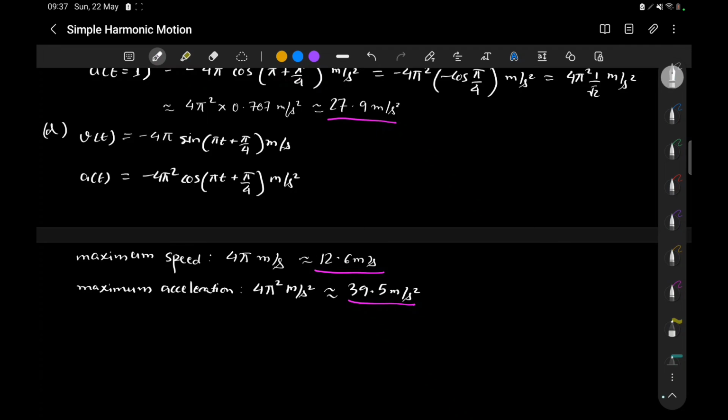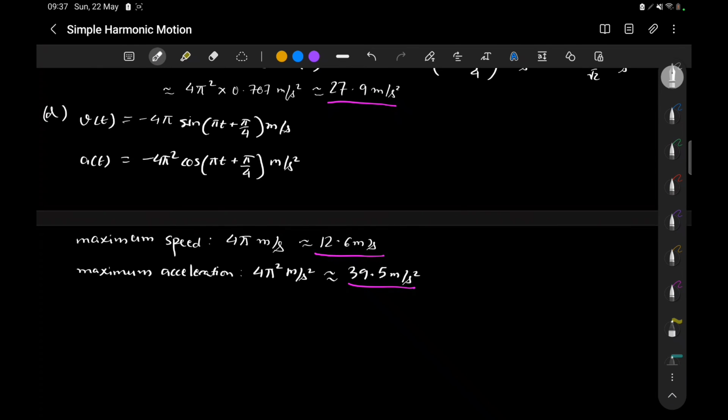Now we come to the last part. We need to find the displacement between t equal to 0 and t equal to 1.0 seconds. So let us find the position at t equal to 0.